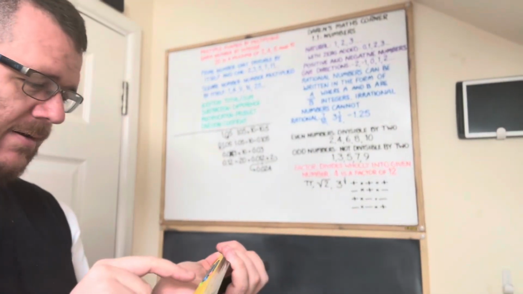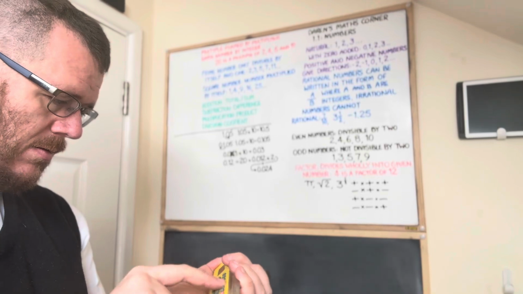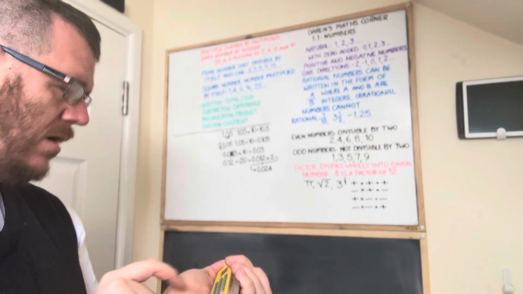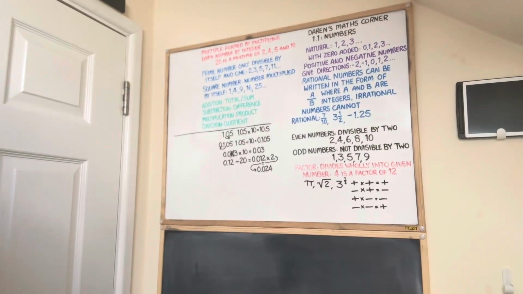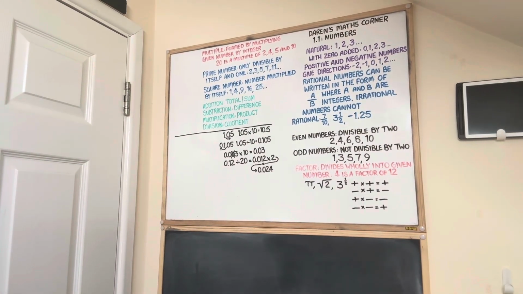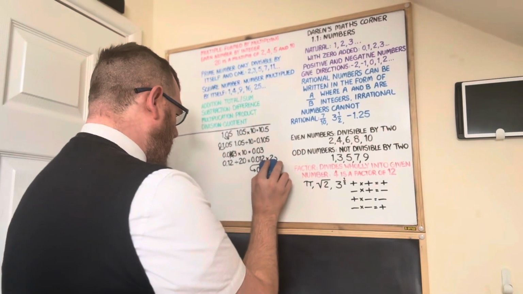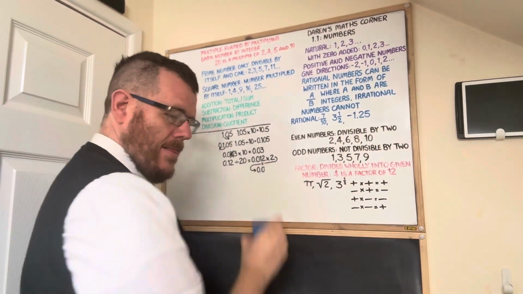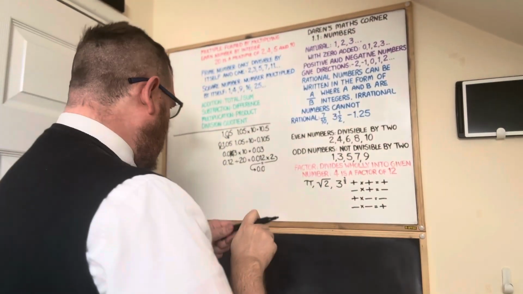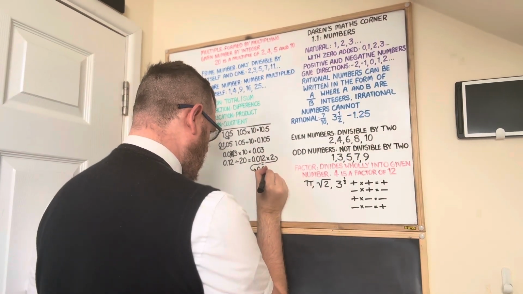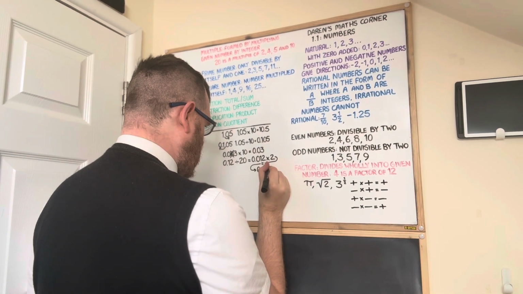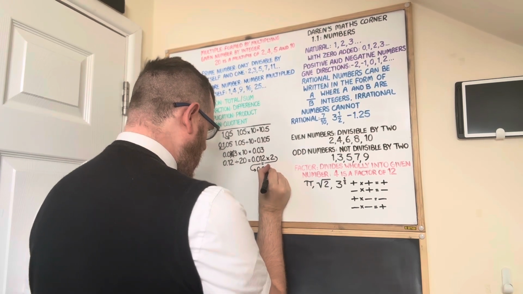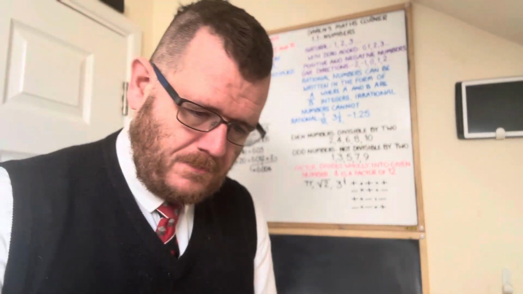It's handy to have more than one calculator. 0.0006. Of course it is, because you then have to halve it again. Apologies for that, guys. 0.006. My apologies.